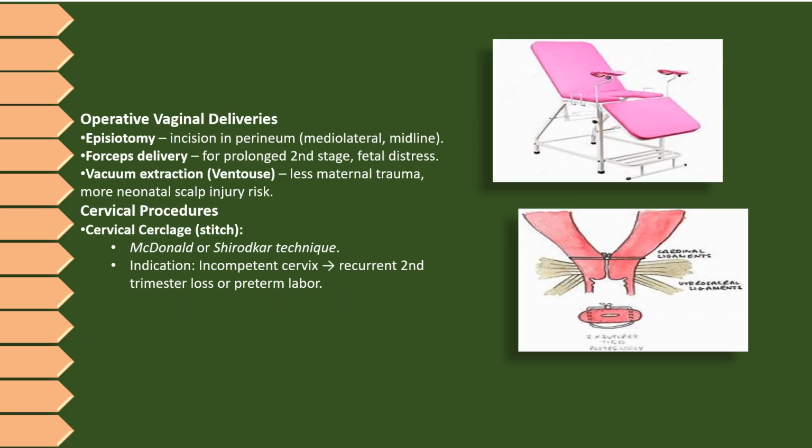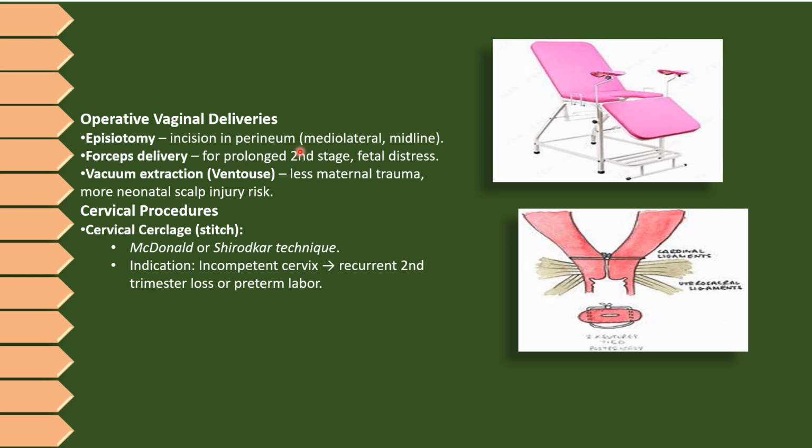Then there are operative vaginal deliveries and cervical procedures. In some cases, vaginal deliveries can be assisted surgically. For example, episiotomy is one such intervention where an incision is made in the perineum to facilitate delivery. It can be mediolateral or midline. This is just a small procedure, just to aid the normal delivery.